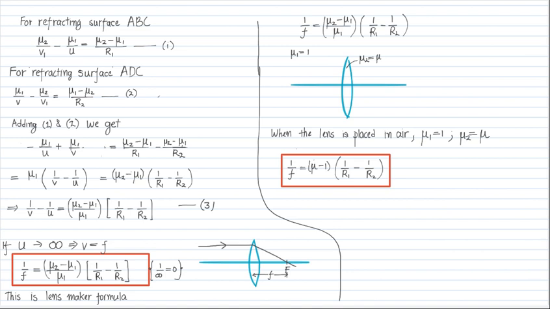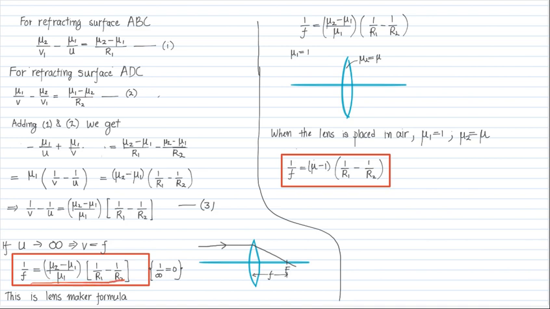Now before we proceed further, look at equation 3. Look at the right hand side of this equation, that is (mu2 minus mu1) divided by mu1 times (1 by r1 minus 1 by r2). Now look at this special case formula.